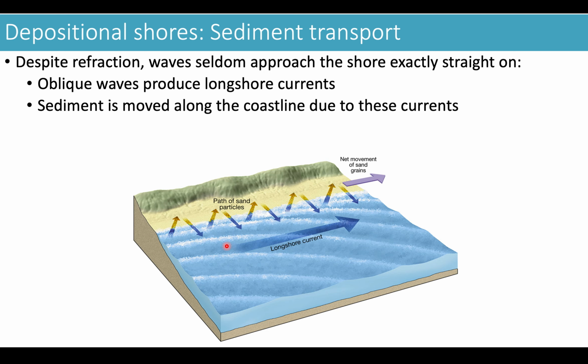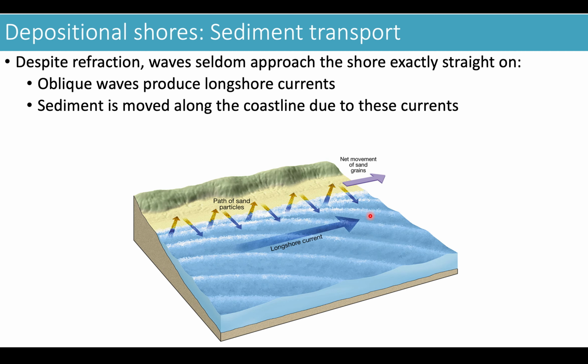So what happens is the wave comes in at an angle, and then as the wave goes out, it's going to carry some sand straight out. And then the next wave is going to come in at an angle, and then that sediment is going to be carried straight back perpendicular to the shoreline. And then the next wave is going to carry sediment in at an angle. As the wave recedes, it's going to move straight back perpendicular to the shoreline.